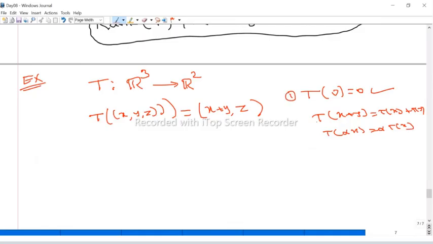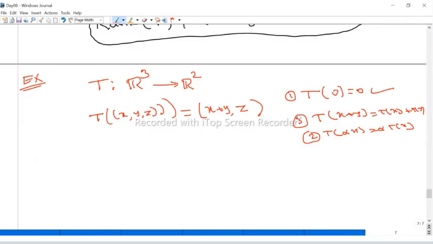Second, check scalar multiplication, whether T of alpha x equals alpha times T of x. Third, check whether additivity is satisfied or not. Checking these is enough to decide whether the function is a linear transformation.